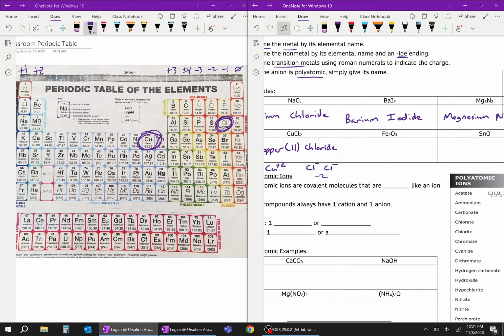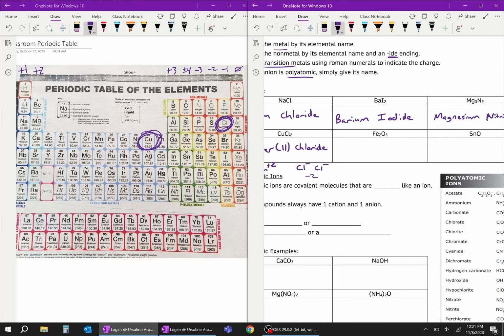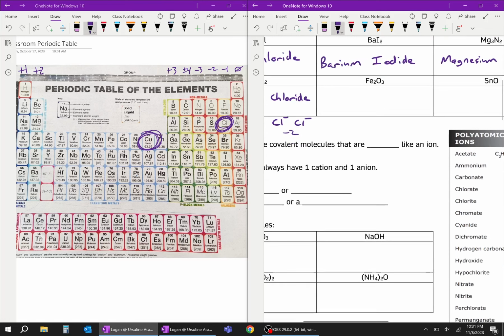Now, sometimes this can get a little bit complex if I look at iron and oxygen right here. I have 3 oxygens. Oxygen's right here, every oxygen will end up with a negative 2 charge, which means I have a total of negative 6.